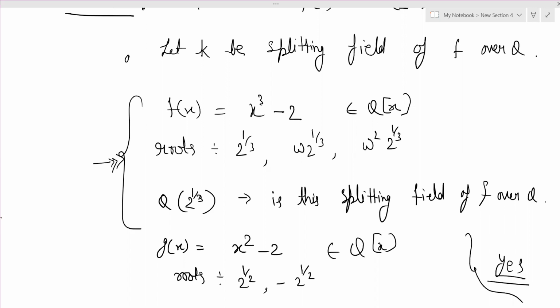Omega is a complex number, and Q(2^(1/3)) is the smallest field containing Q and 2^(1/3), so it is contained in R. So omega is a complex number, so it cannot be in that field, right? Q(2^(1/3)) is contained in R, so omega, being a complex number, cannot be there. So that's why this is.